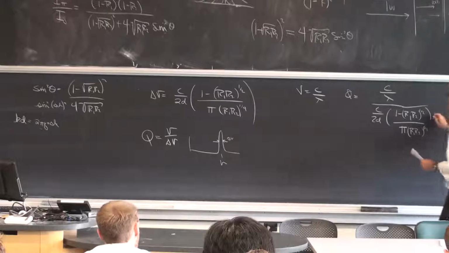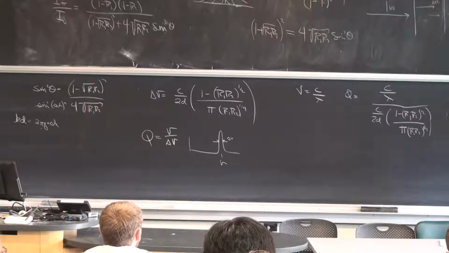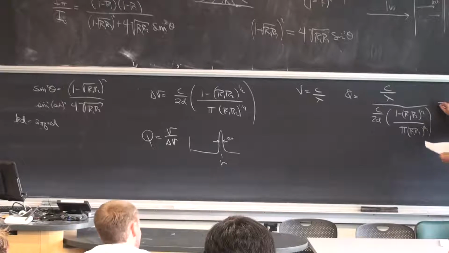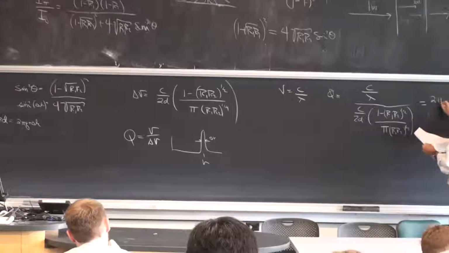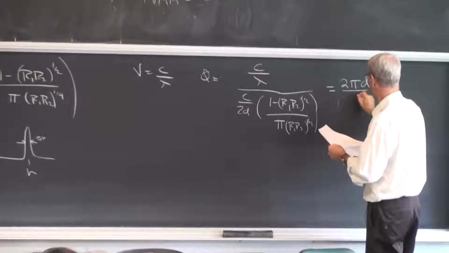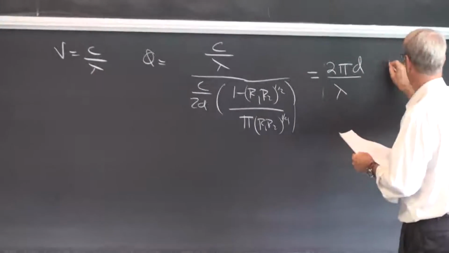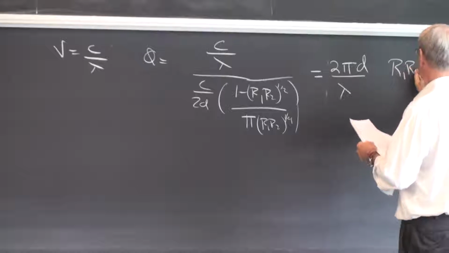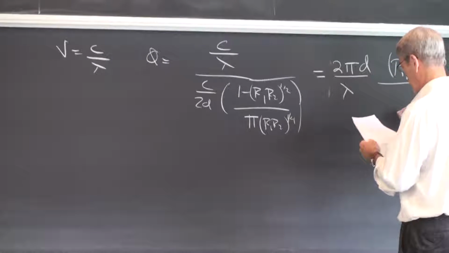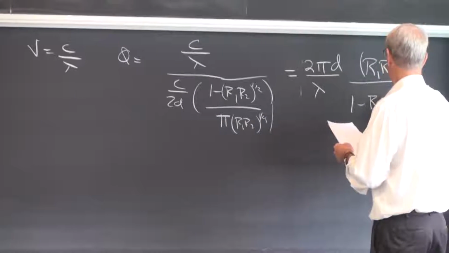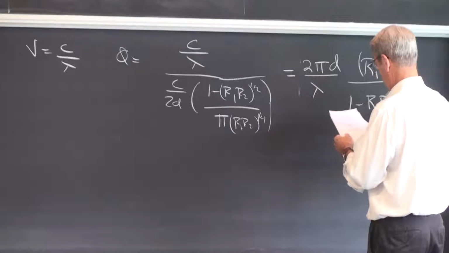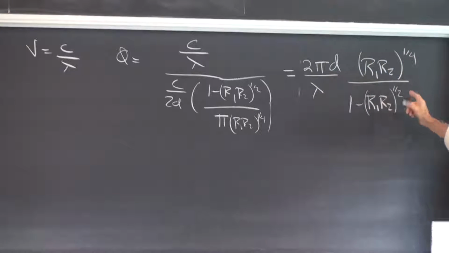Okay, so we got all this stuff here, and massaged a bit, you end up with a cavity Q. Here's our final simple formula: 2 pi d, which depends on the length of the cavity, over lambda, times (R1 R2) to the 1/4, over 1 minus (R1 R2) to the 1/2. So there's the Q of a cavity.